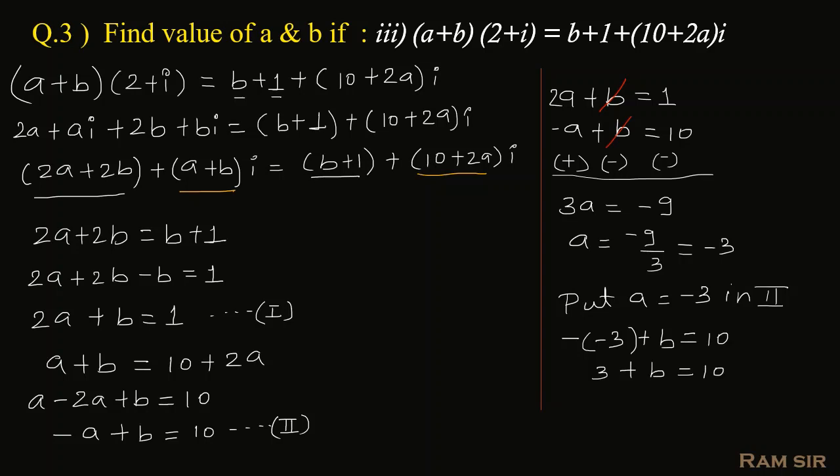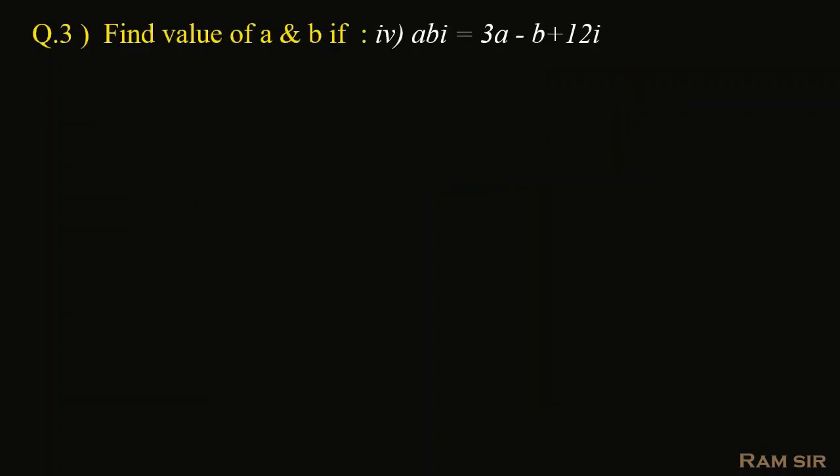So for finding the value of b, shift 3 to the left hand side. We get b is equal to 10 minus 3, which is 7. So at the end, the value of a we obtained is minus 3 and the value of b is 7, which we require. And if you substitute these values in the given information, 100% you will get LHS is equal to RHS.